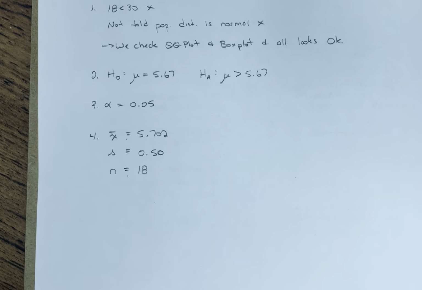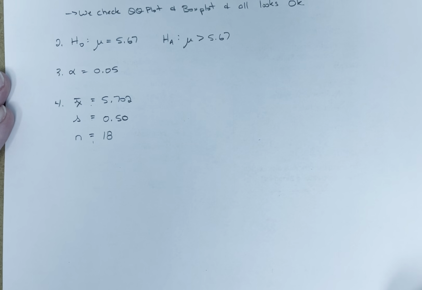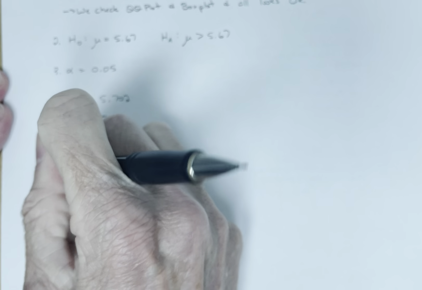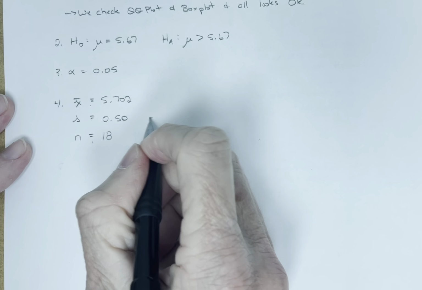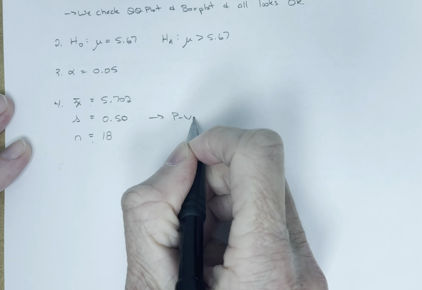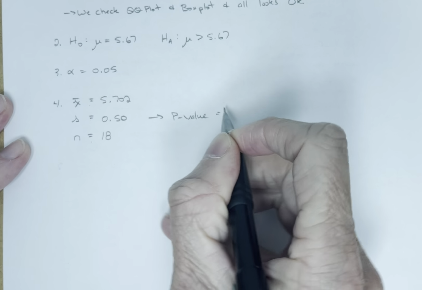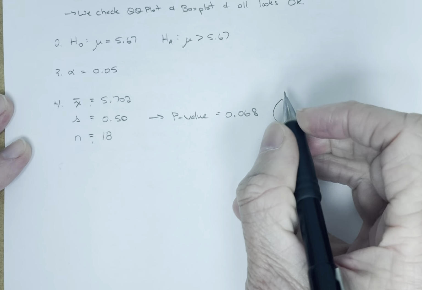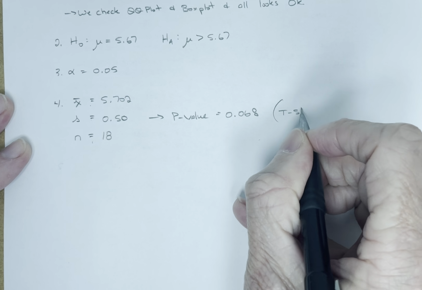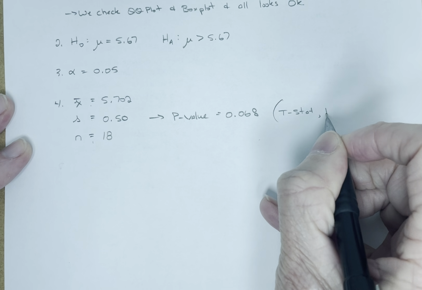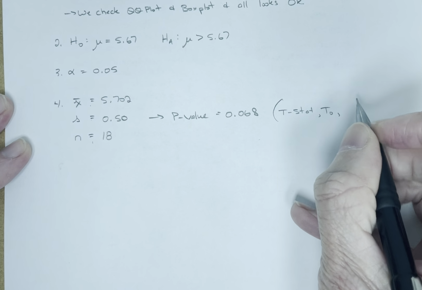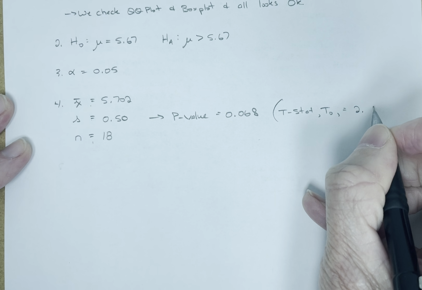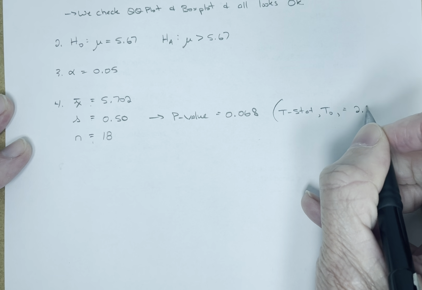Back to here, step 5. StatCrunch told us we have a p-value equal to 0.0068, and we're just going to note our t-stat, also known as t sub 0, was equal to, to three decimal places, 2.753.